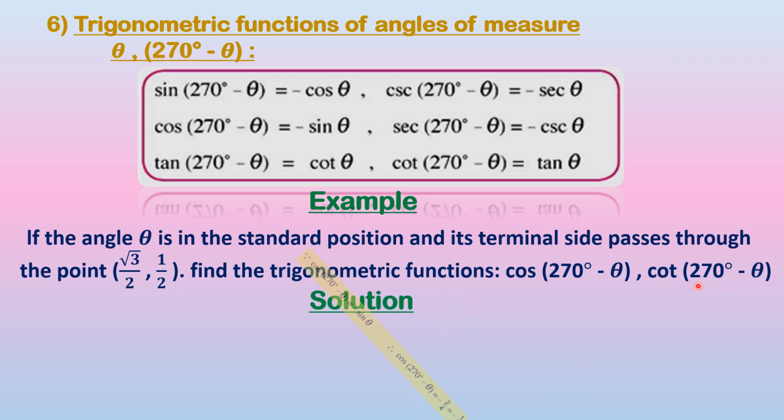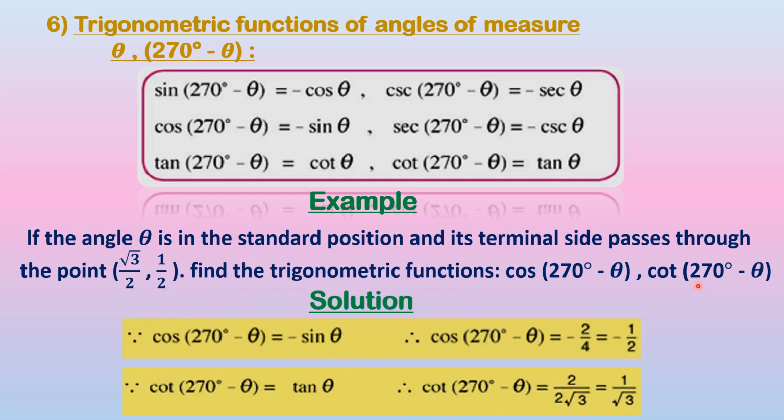The solution: since cos(270 − θ) equals negative sine θ, 270 minus θ is in the third quadrant, so cosine is negative and cosine converted to sine. Sine is y in the ordered pair, which is 1 over 2, so the answer is negative 1 over 2.